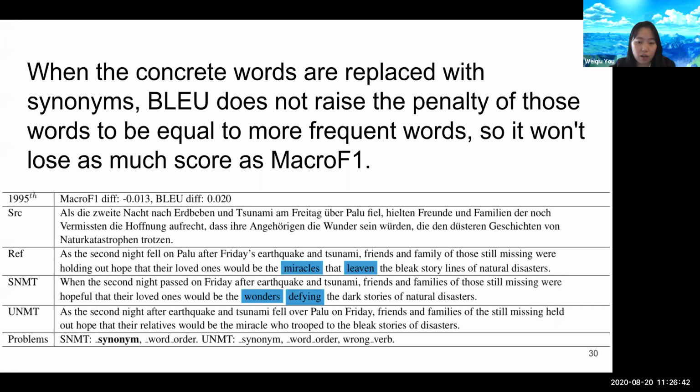But if we actually examine the sentence, we can see that the SNMT translation has the same meaning as the reference, and UMT has more problems. So in this case, BLEU can be a better judgment.